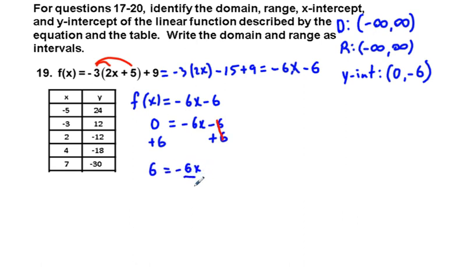So if we divide by -6, we'll get -1 is equal to x. So our x-intercept should be -1, 0.